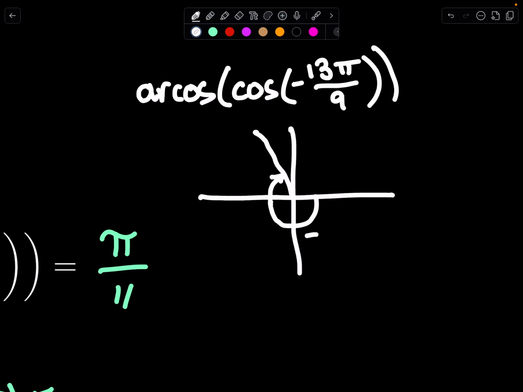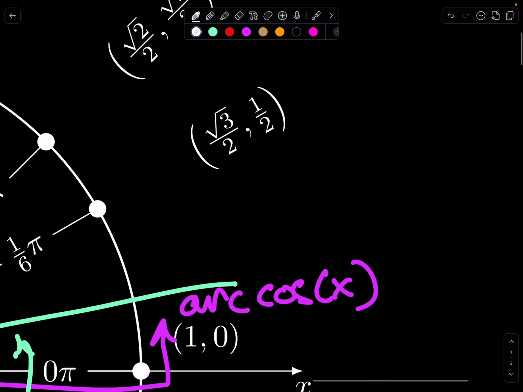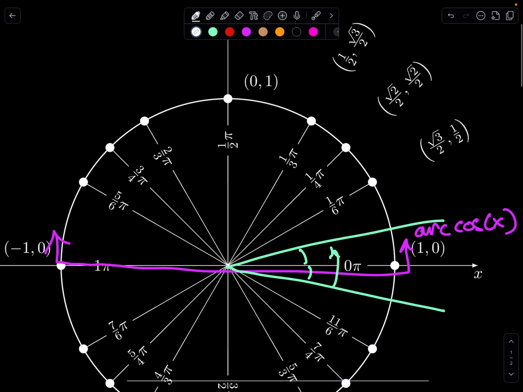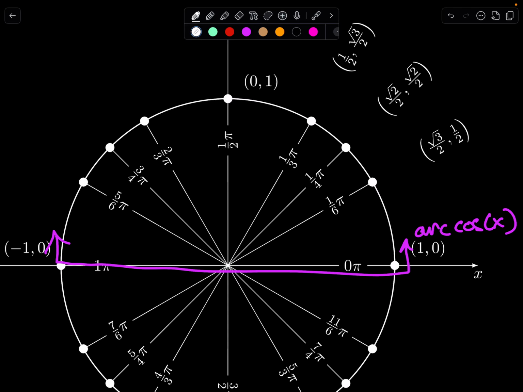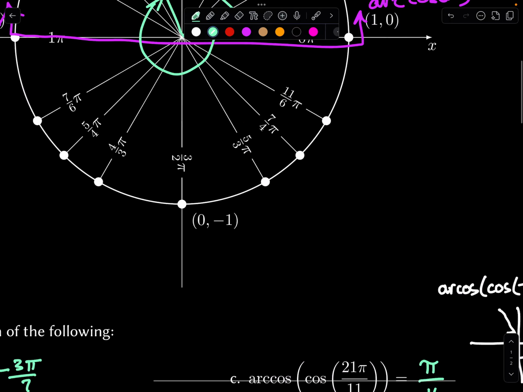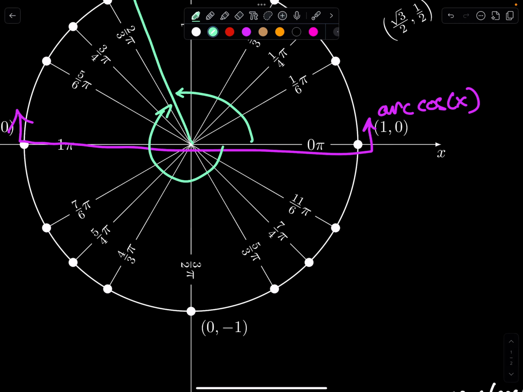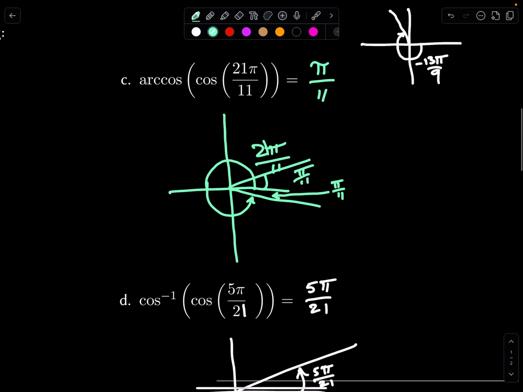So this is going to be negative 13 pi over 9. So let's see, this angle happens to be in the right zone. So it's up here in the first and second quadrant. However, it's not written the right way. So I've got this angle, it goes up here, and it goes around that way. I need to figure out how to write this angle. But that's not too bad, because notice that together those two angles make a full circle.